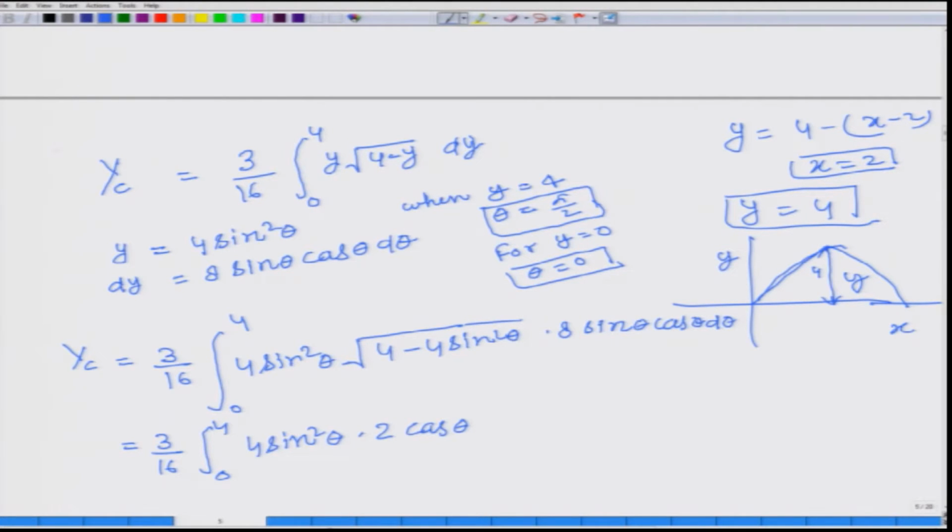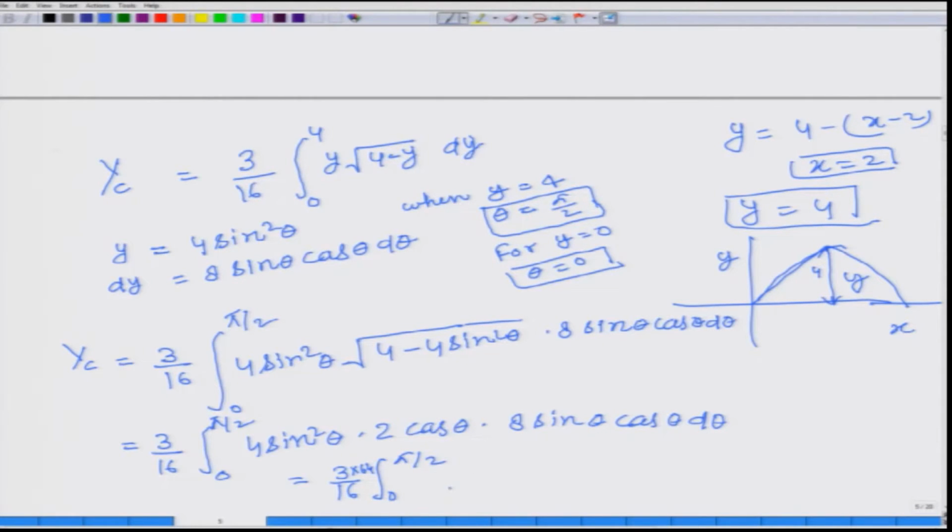This is 2 cos theta. I have to change the limit because I have changed the variable to theta. So, limit is 0 to pi by 2. So, this would be equal to 8 sin theta cos theta d theta, right. So, this is equal to 3 by 16, 0 to pi by 2, 16 into 64. So, this is 64, 8 times 2 times 4, 64, right.